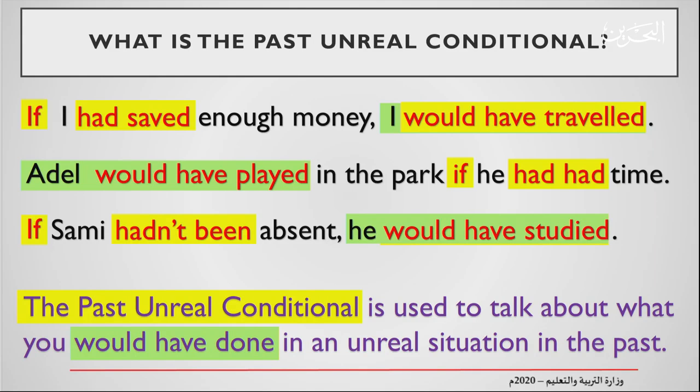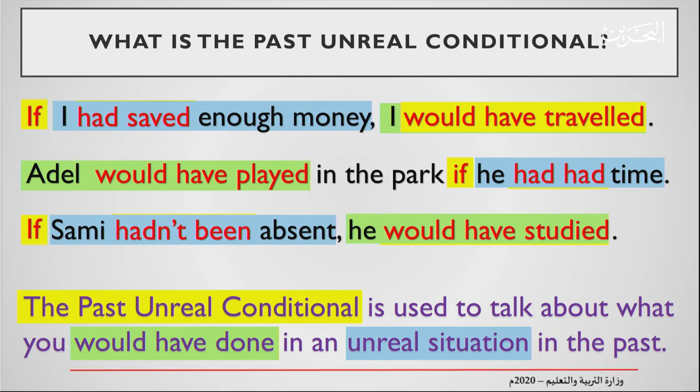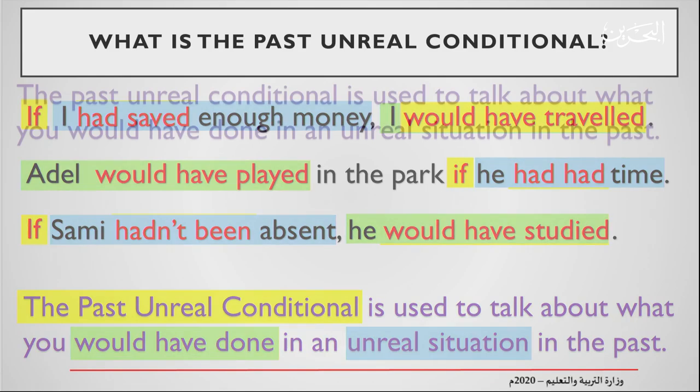So, would have done, like Adil would have played, or I would have traveled, or he would have studied, in an unreal situation, like if I had saved enough money, or if he had had time, or Sami hadn't been absent. All of these situations are unreal.